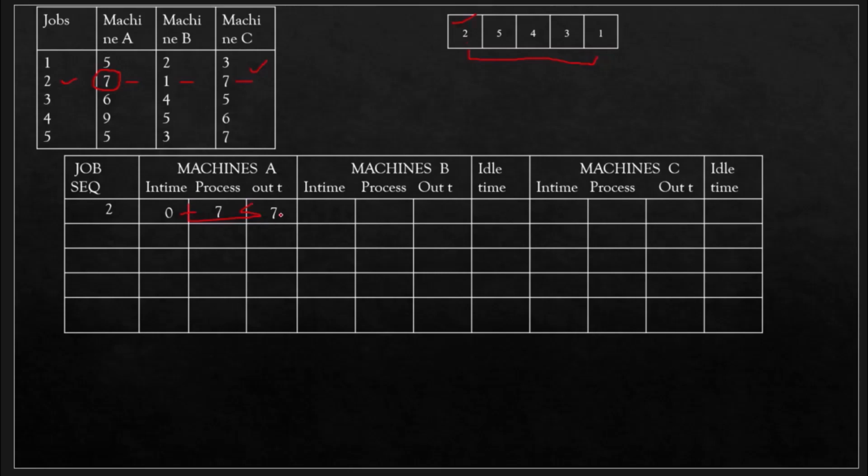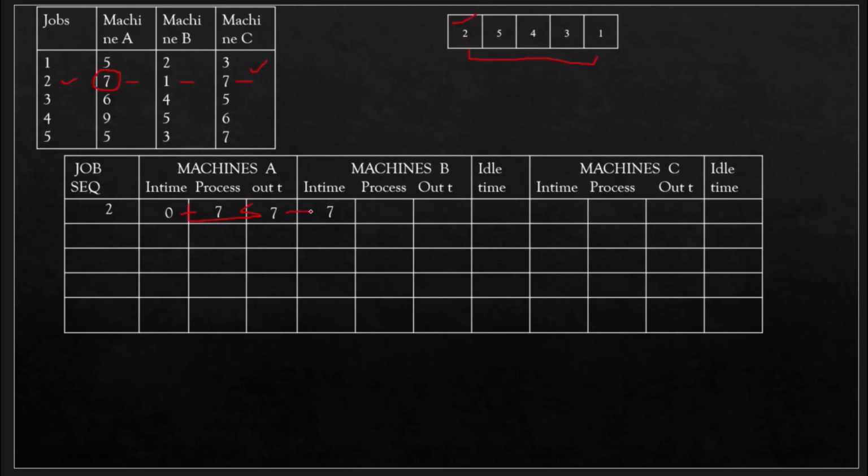Once the product comes out of machine A, it becomes the input for machine B. Since it came out at the 7th hour, in the 7th hour itself it goes in to machine B. So the in time for machine B is the 7th hour.